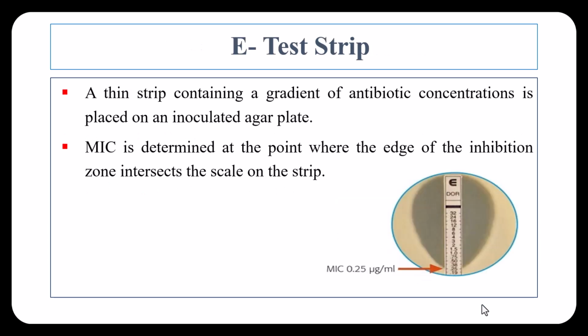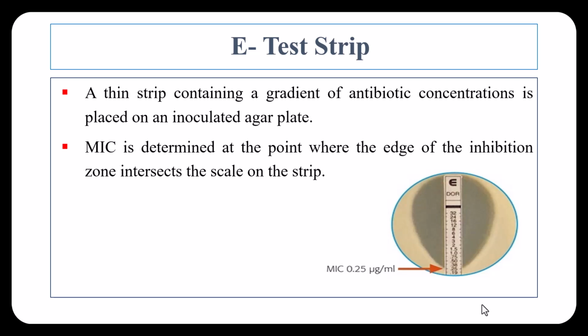Another method of the sensitivity test is the E-test, or epsilometer test. It's a quantitative method used to determine the minimum inhibitory concentration of any antibiotic. A strip containing a gradient of antibiotic concentration is put on an inoculated agar plate, allowing the drug to diffuse and form an elliptical zone of inhibition after incubation.